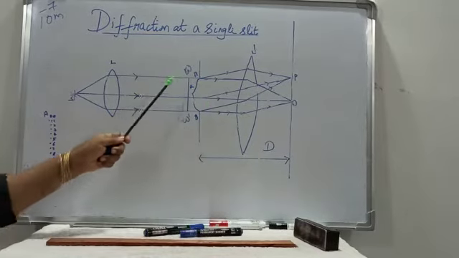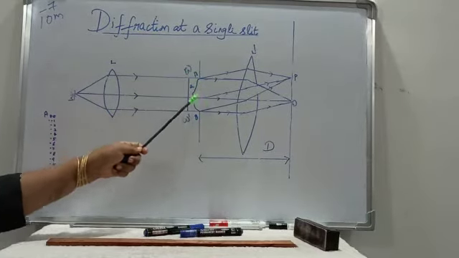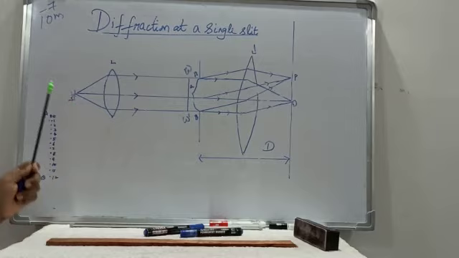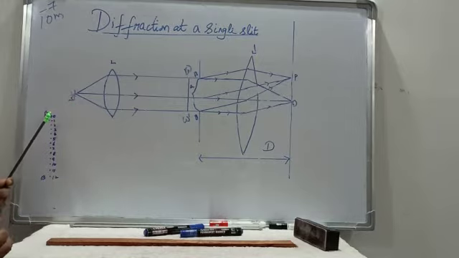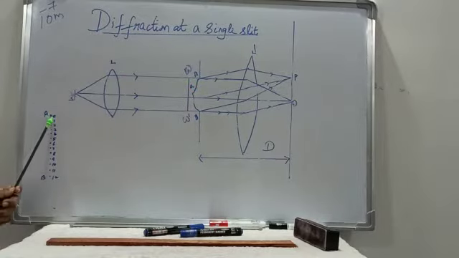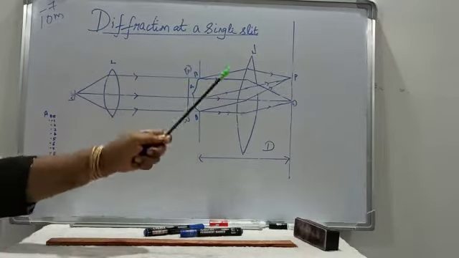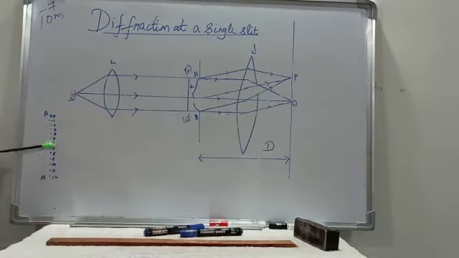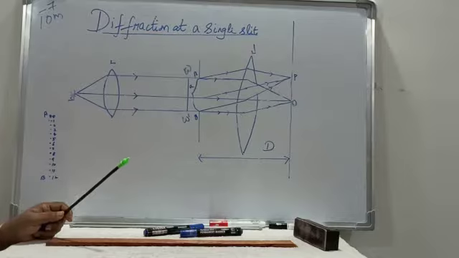In this figure, slit AB has a width A. Let us consider that this slit AB is divided into 12 equally spaced points. Each point in the wavefront incident on the slit acts as a source of secondary wavelets, so I have considered 12 such secondary wavelets.